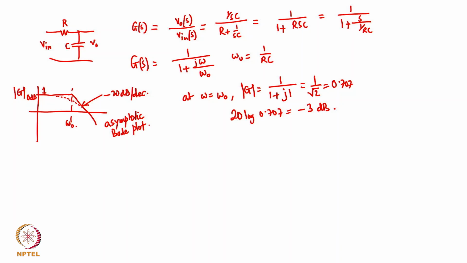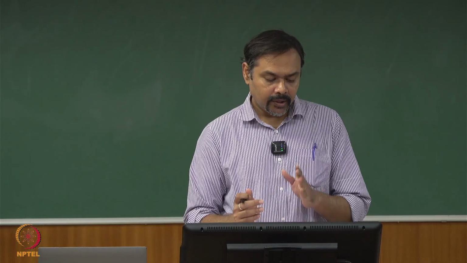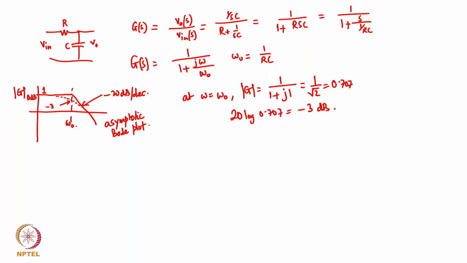So this point will be minus 3. It will go down by 3 dB, but that is not important. The asymptotic Bode plot is very easy for a designer, because you can know exactly where the pole is, at omega equal to omega 0.